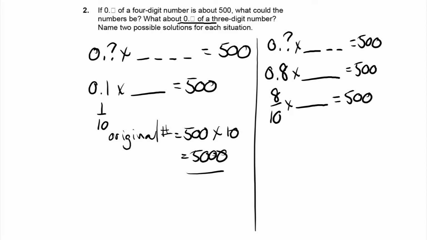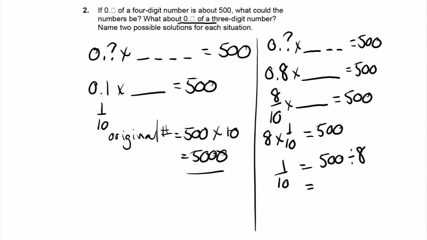We can think of that as 8 times 1/10 is equal to 500. That means that 1/10 is the same as 500 divided by 8, and 500 divided by 8 is equal to 62.5.